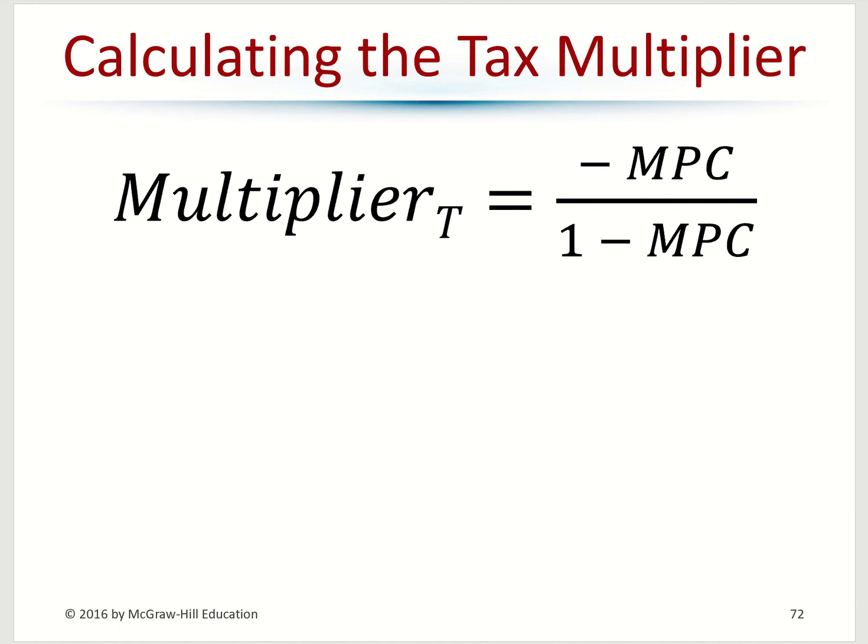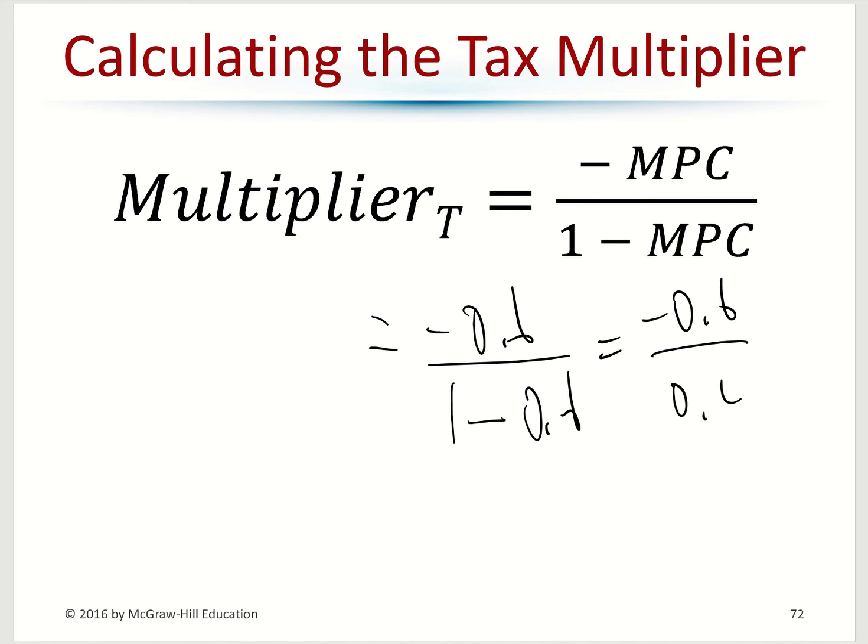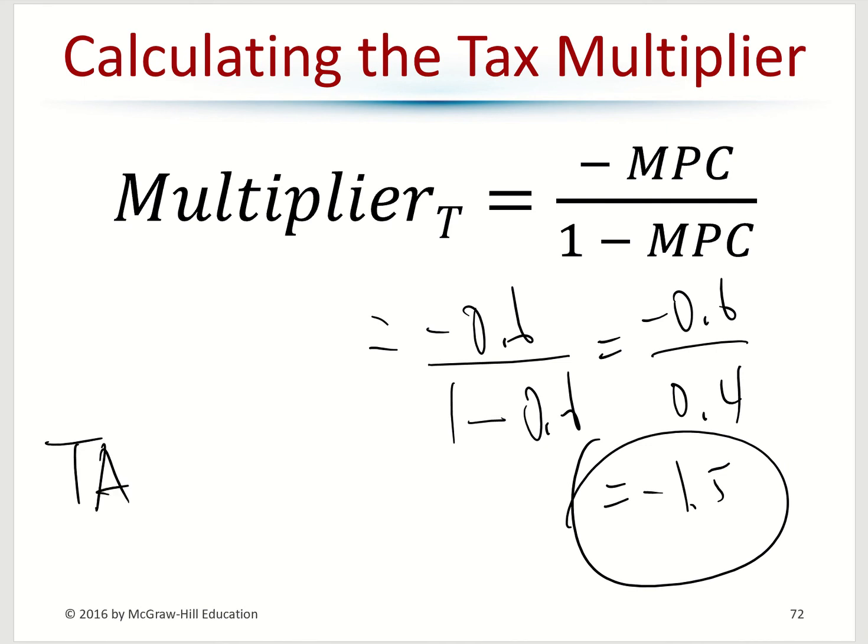So if you go back to the number again, if you have an MPC equal to 0.6, then this equals negative 0.6 over 1 minus 0.6, which is negative 0.6 over 0.4, and this would be negative 1.5. What that means is every time your tax increases by $1, your overall spending for the economy would decrease by 1.5.